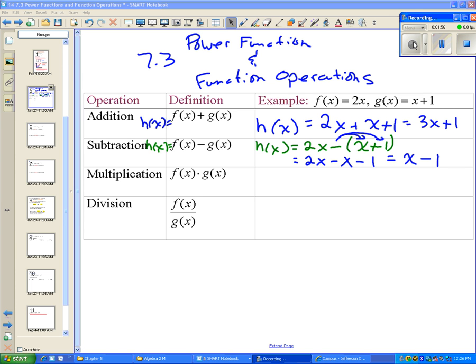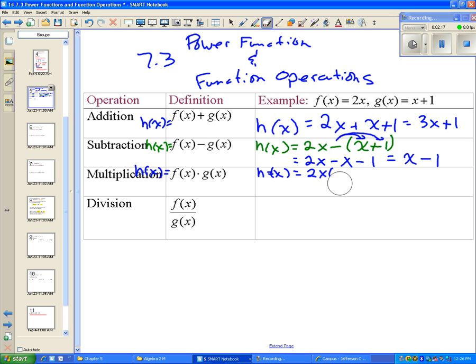So let's try multiplication. Again, let's do this. I want to create a new function. My new function is going to be h of x. I want to multiply these two. And so when I multiply, h of x is now going to be 2x times, let me pick a different marker for that, excuse me, x plus 1.